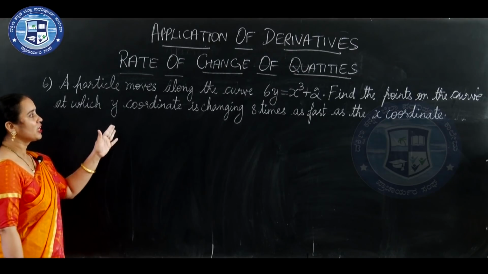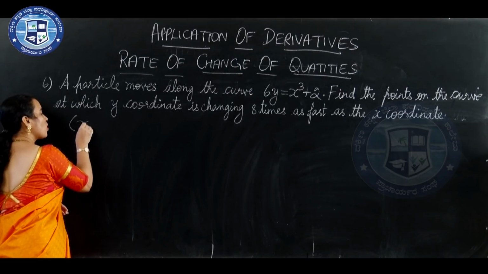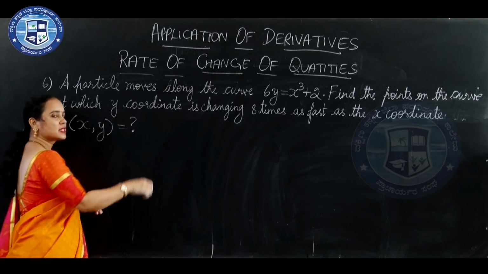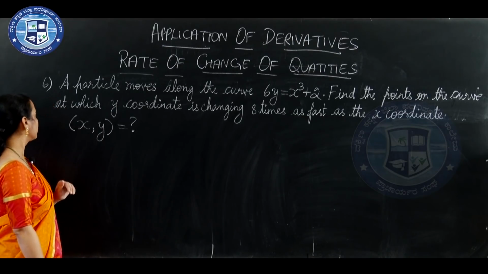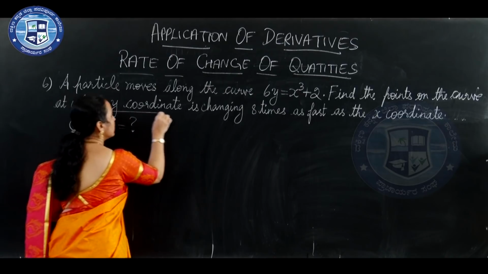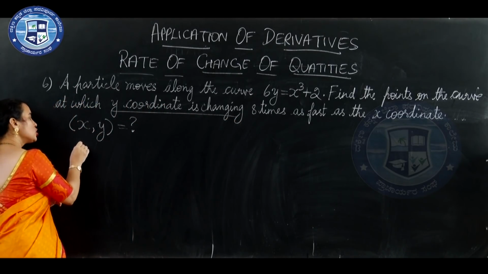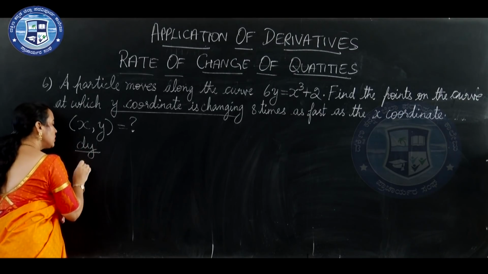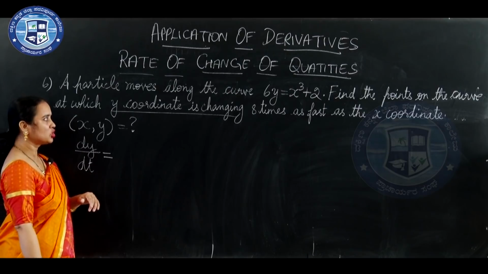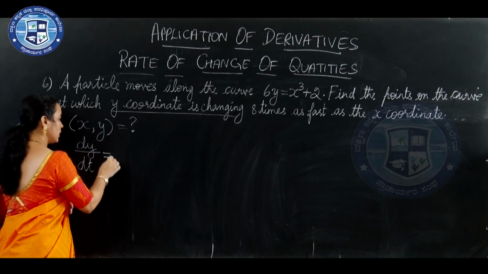You have to find the points on the curve. So, finding the points on the curve means you have to find what is x and what is y, a point. And then they have given y coordinate is changing, change in y with respect to time. So, y coordinate is changing 8 times as fast as x coordinate.